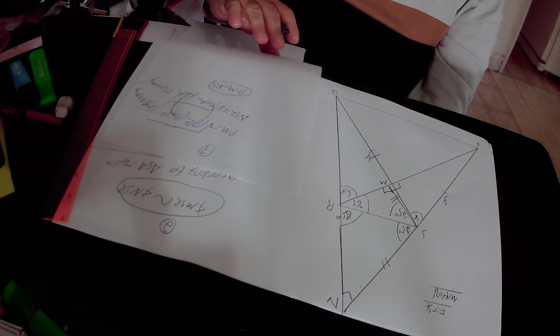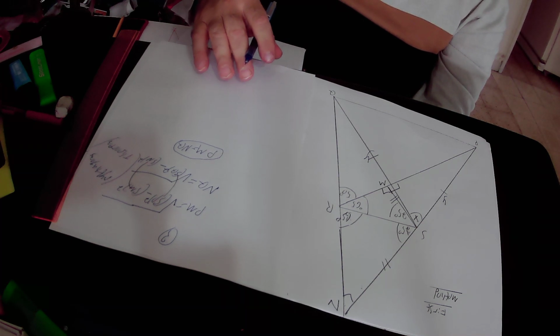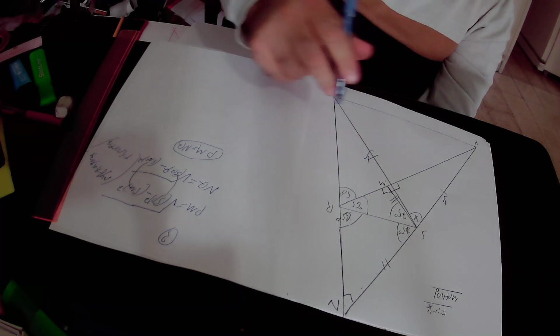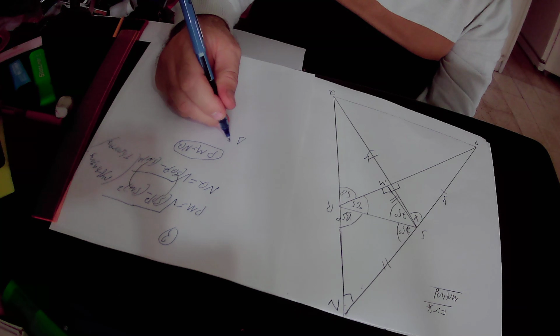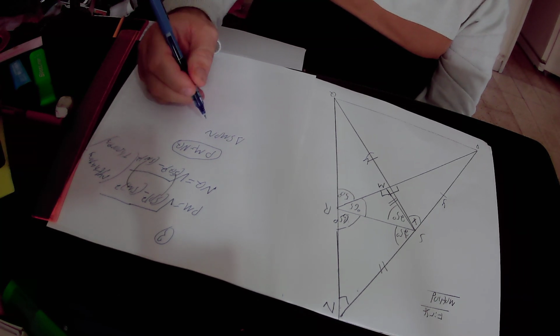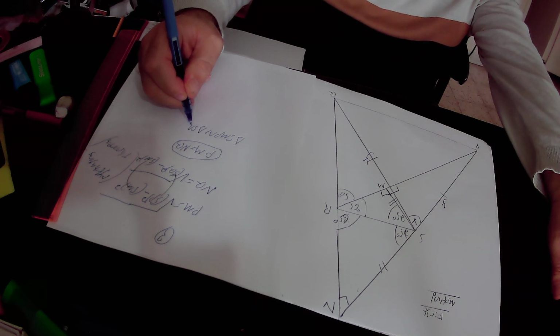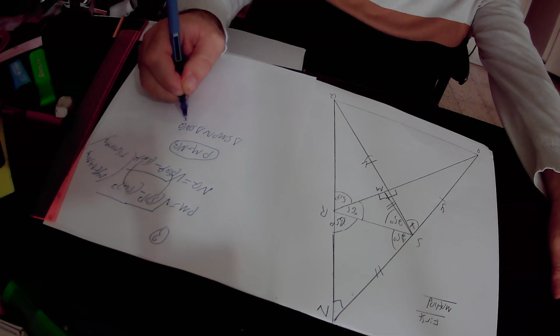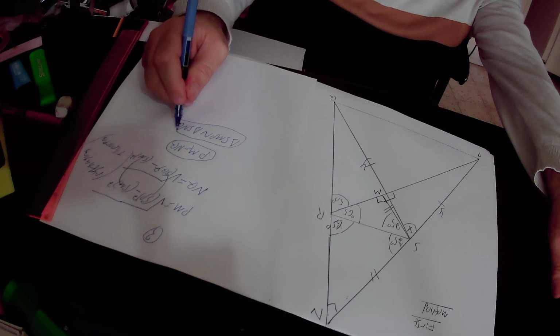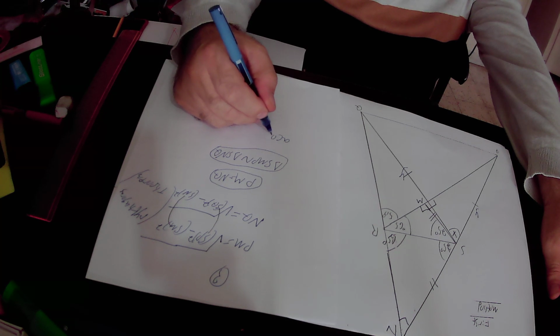So we actually succeeded to prove that the right triangle SMP is congruent to the right triangle SNQ according to the side rule.